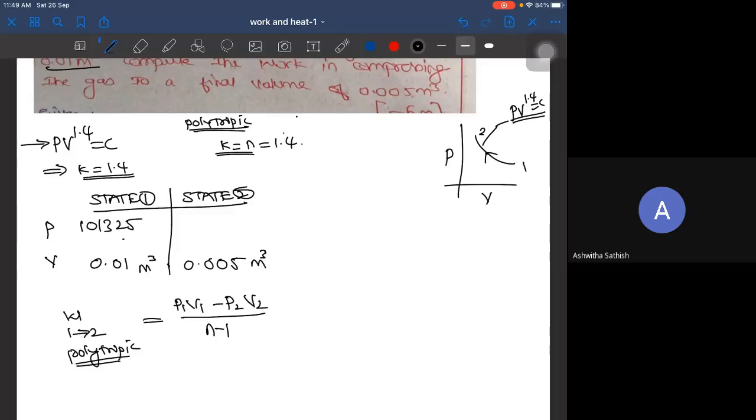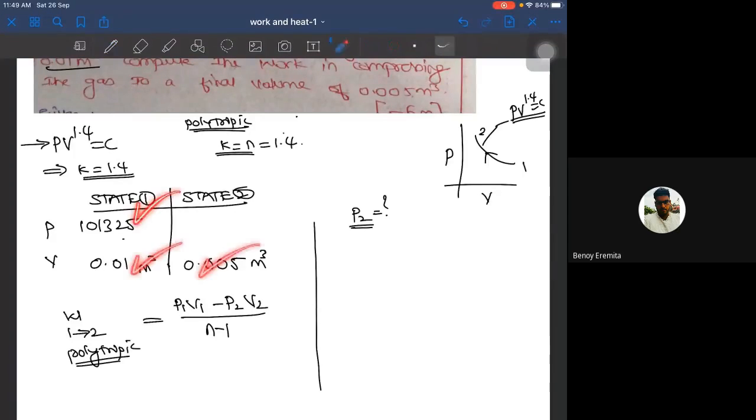There are some values which I should calculate and then substitute in this equation. We don't have the P2 value. So P2 is not known. Everything else is known, I guess, right? P1 is known, V1 is known, and V2 is known. Even the value of n is known. So the only parameter you must calculate is P2.